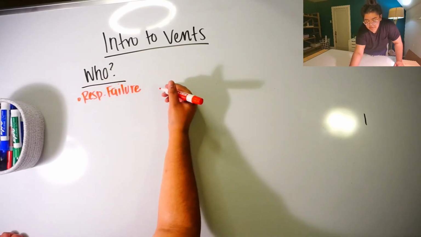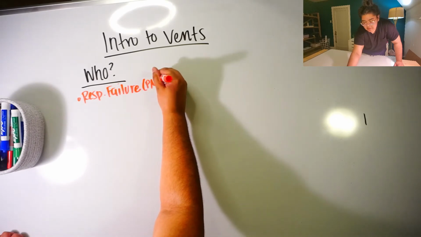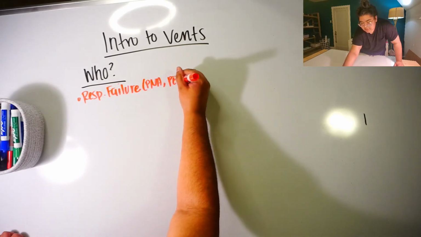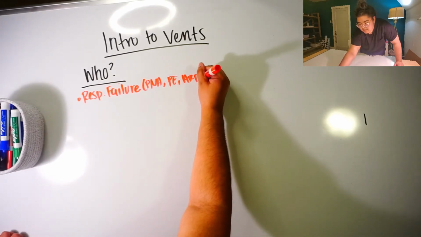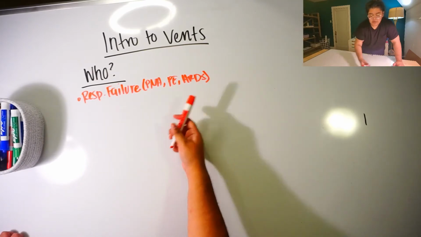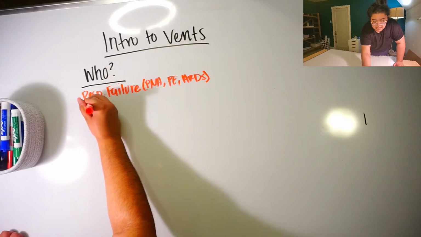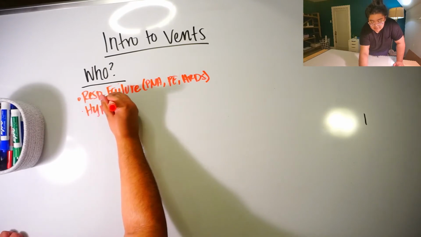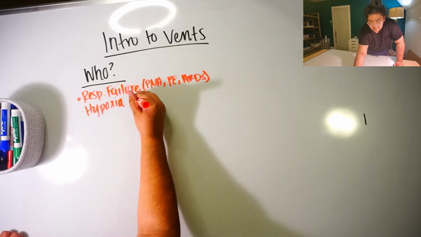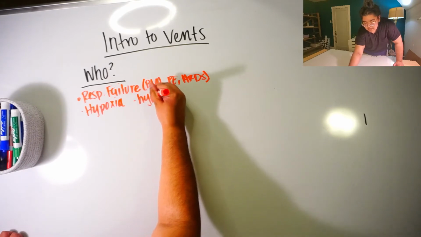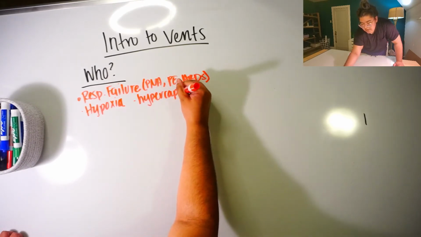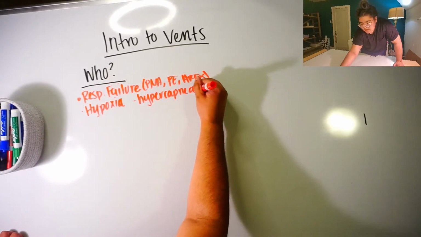That's your pneumonia, your PE people, your ARDS, which there's a video on ARDS. If you haven't watched it, please do. You're going to have your hypoxic people or your hypercapnia. Hypercapnia is when you have elevated CO2.